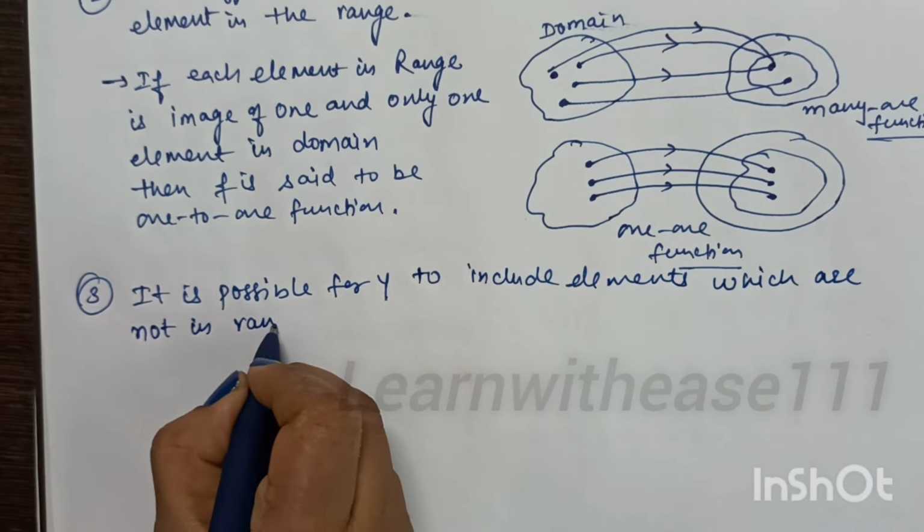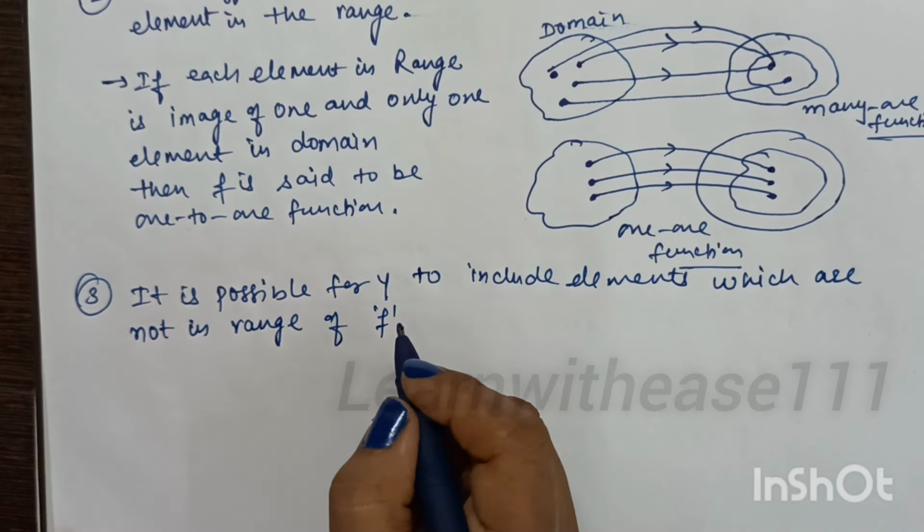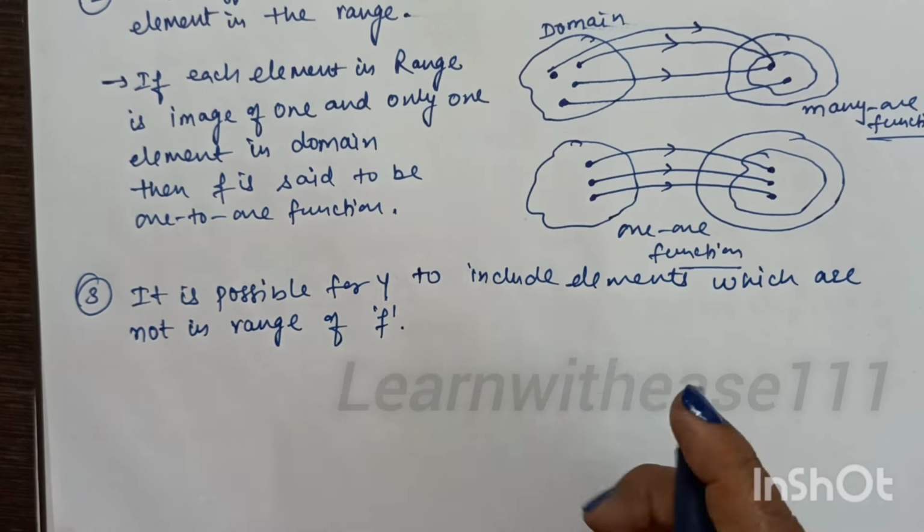The next rule is, it is possible for Y to include elements which are not in the range of f.